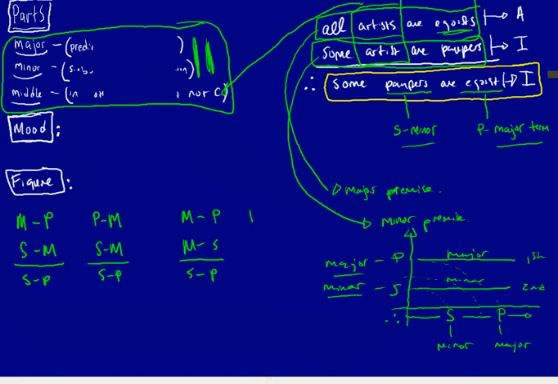It's P dash M and M dash S. Professor Hirsch may have talked about this in class, that there's a way to look at this diagram. So this is basically called the first figure, the second figure, the third figure, and the fourth figure.